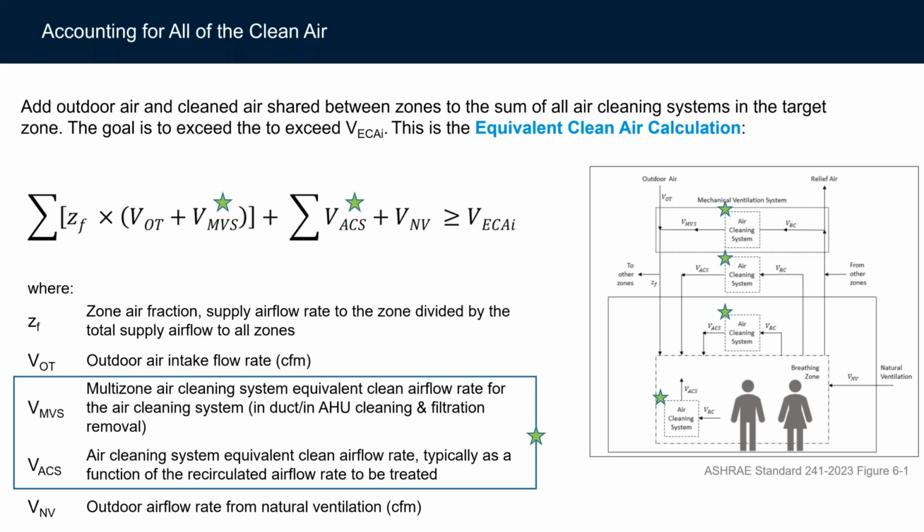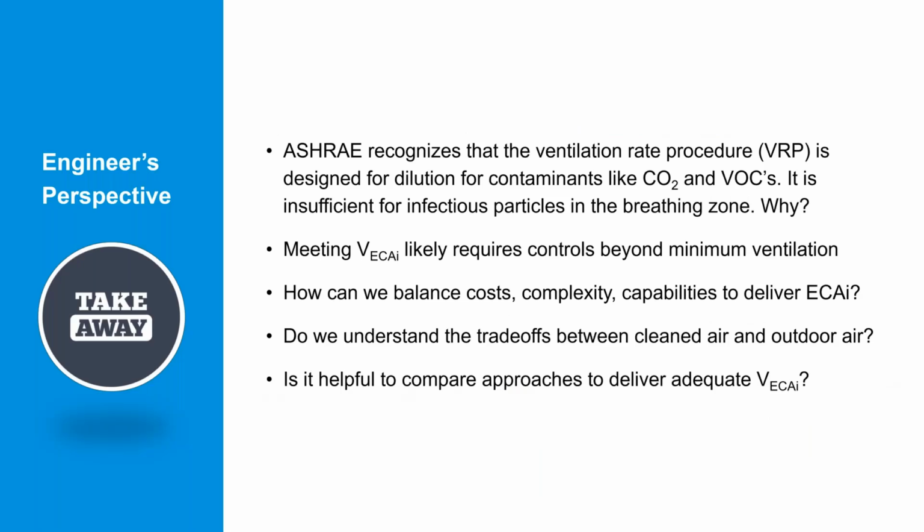And then the MVS would be what's sitting in, let's say, your main mechanical ventilation system or your air handling unit, so long as you calculate the percentage that's actually going to that space, which I think makes a lot of sense for everybody here. And so you add up all these different aspects, whether it be filters in the unit, some sort of air cleaning system in the ceiling, and you make sure that that summation meets your total ECA that you need to meet. We'll go through a calculation here in a little bit, but that's really the breakdown of how the standard is written.